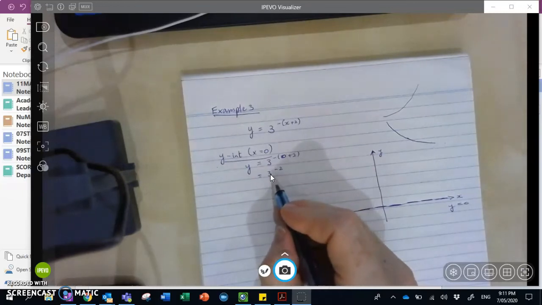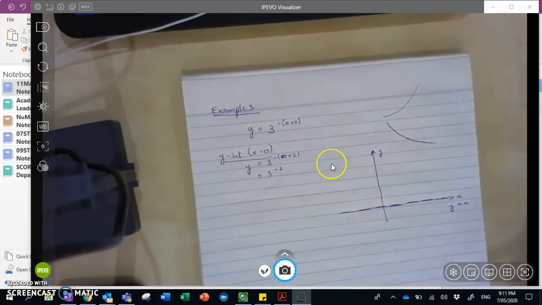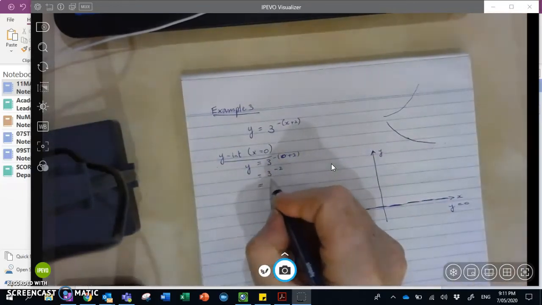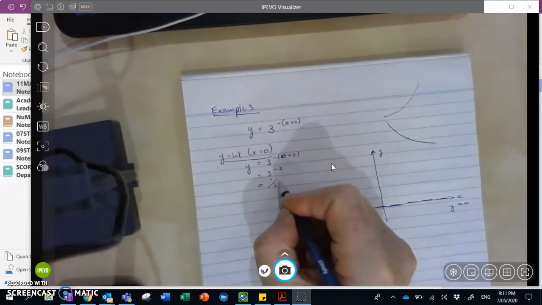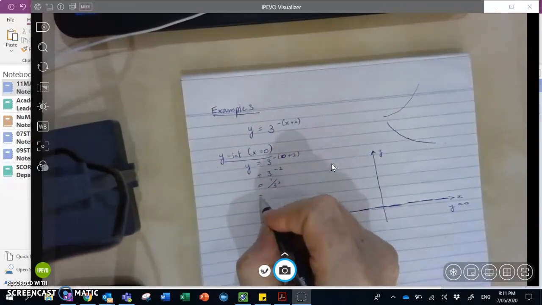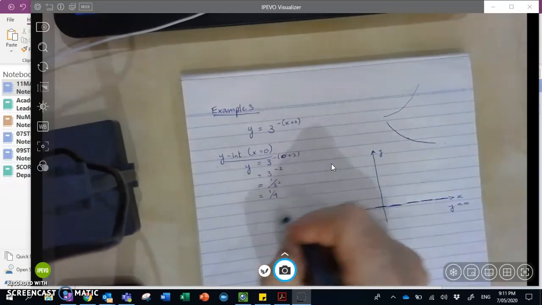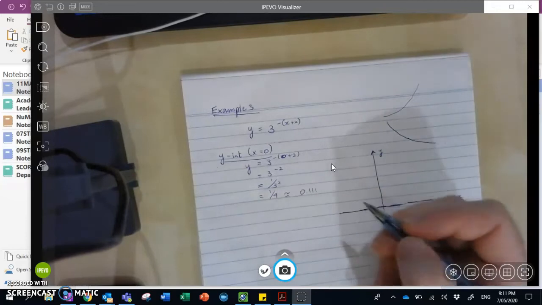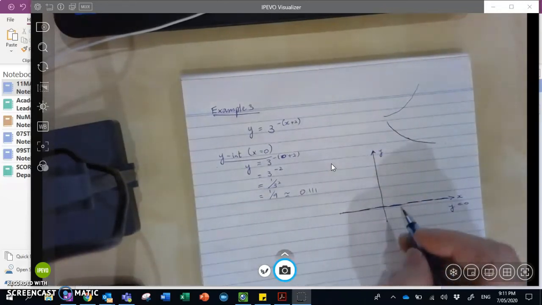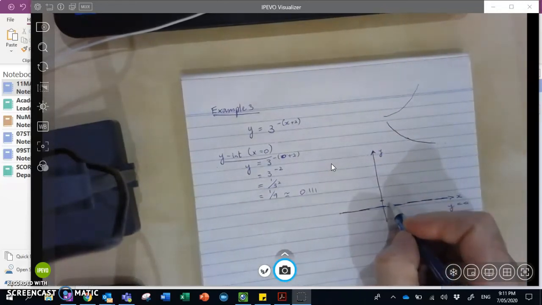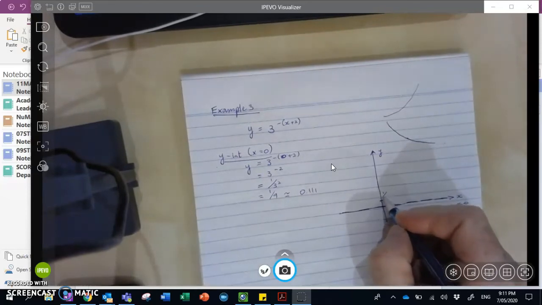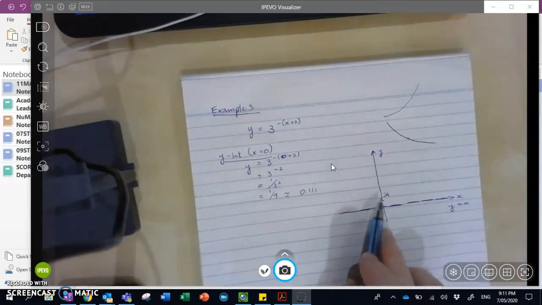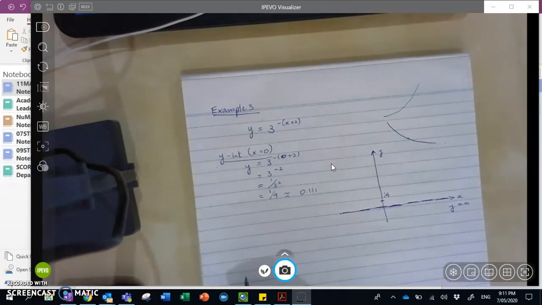Now, 3 to the negative 2, if you recall your index laws, is 1 on 3 squared, which is the same as 1 on 9, which is approximately equal to 0.111 recurring. Okay, so we can mark that in as our intercept here as just 1 on 9 or 0.1 recurring. Okay, there's a preference for exact values there.